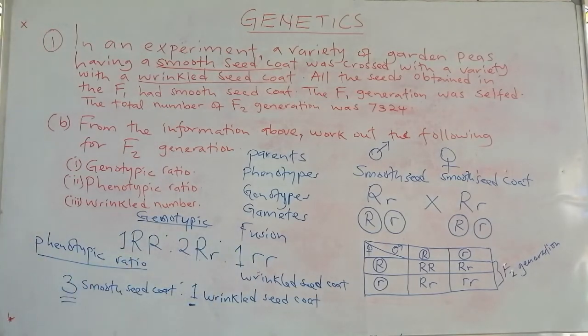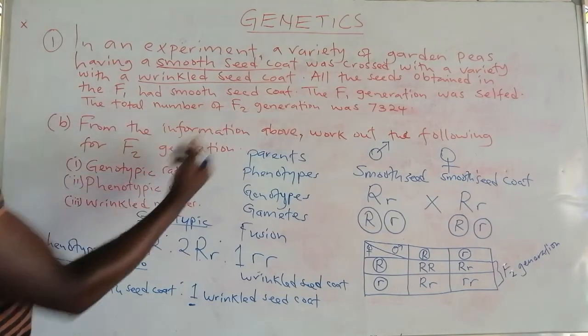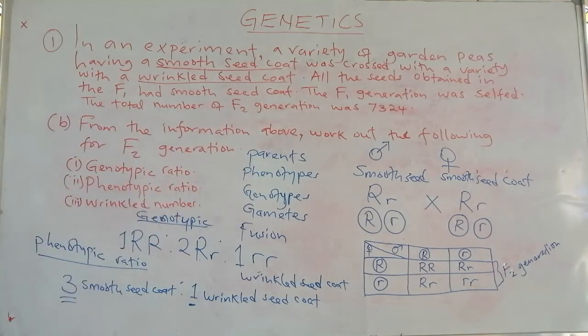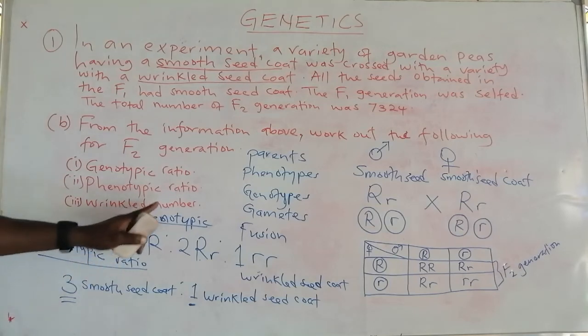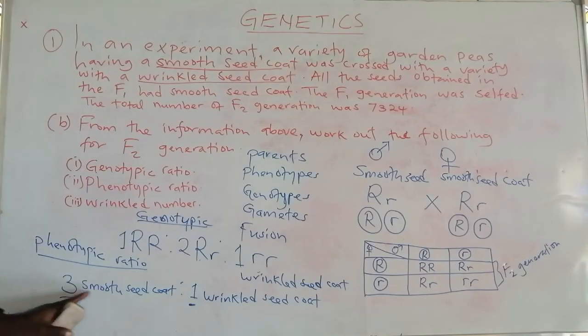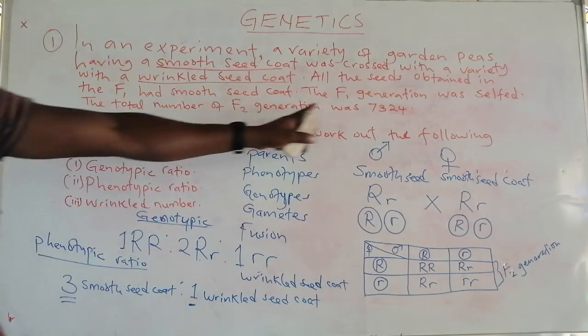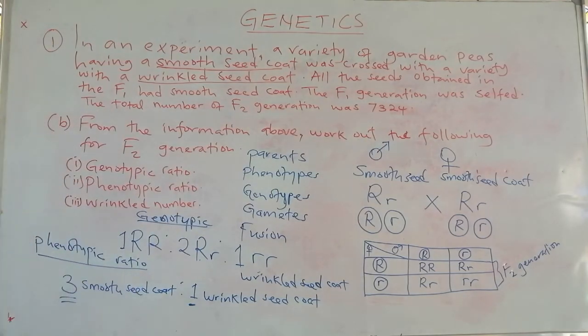wrinkled seed coat. And therefore, lastly, we have been asked the number of the wrinkled seed coats, being that we were told the total number of F2 generation were 7,324. So this is the total number of the seed coats, the wrinkled plus the smooth ones. But now we want to obtain the number of only the wrinkled seed coats.